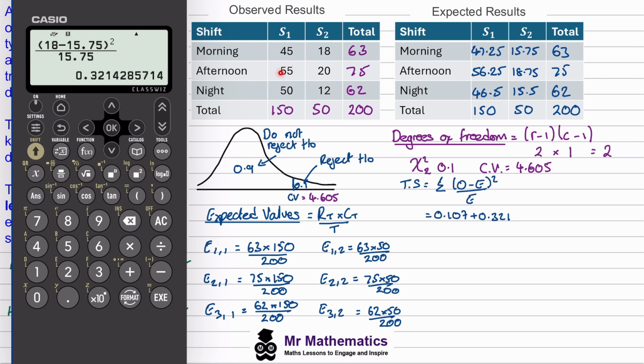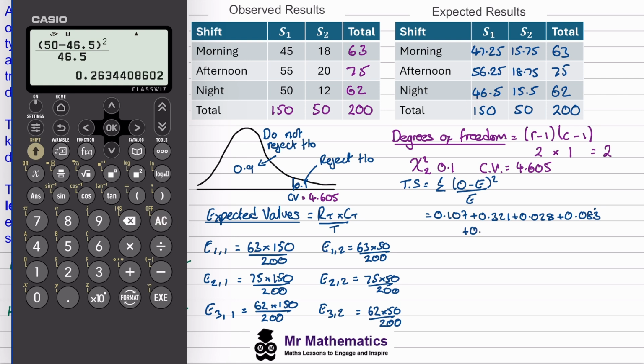We'll move on to the 55 and the 56.25. 0.028 to 3 decimal places. We'll move on to the 20 and the 18.75. And we get 0.083. Then we'll have the 50 and the 46.5.